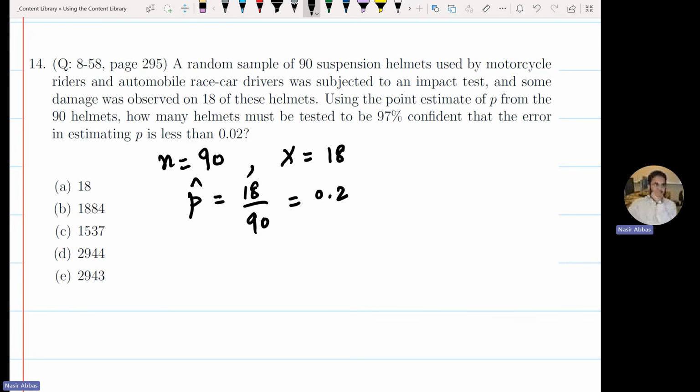Then using this point estimate of P, they want us to estimate what? How many helmets must be tested? What is required? The yellow highlighted thing is required. What is it?